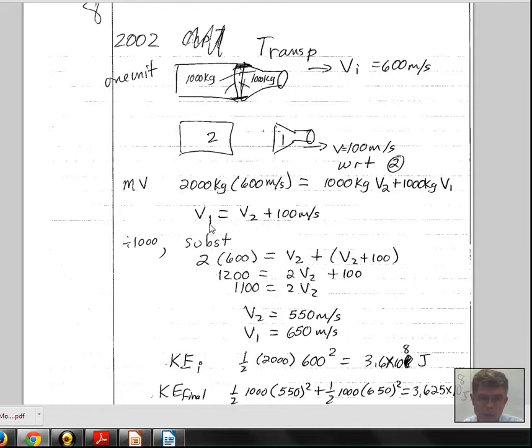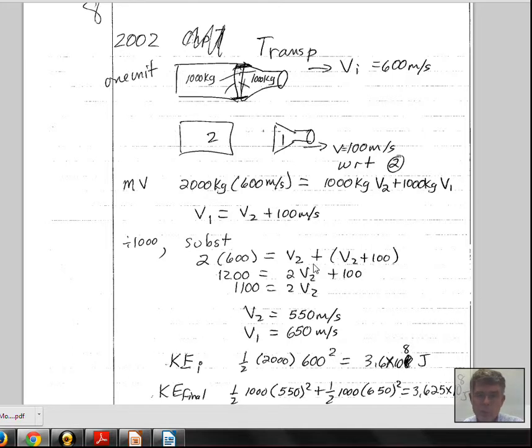One simplification I'm going to do here is to divide through by 1,000 and then make the substitution. So the 2,000 becomes 2, still have the 600. The 1,000 becomes a 1 times V2, and the 1,000 times V1 becomes 1 times (V2 plus 100). That replaced V1.